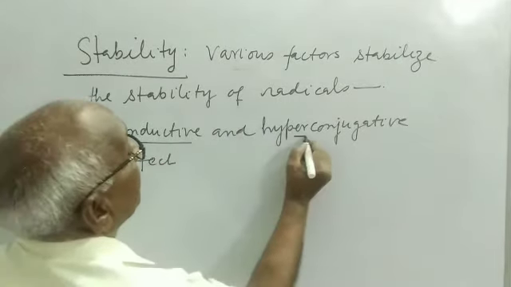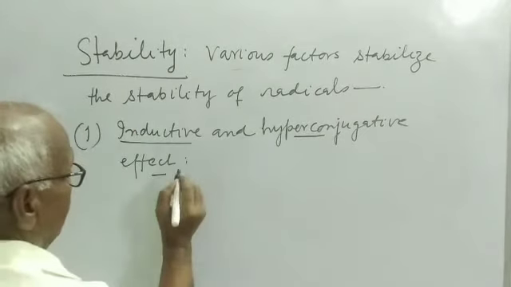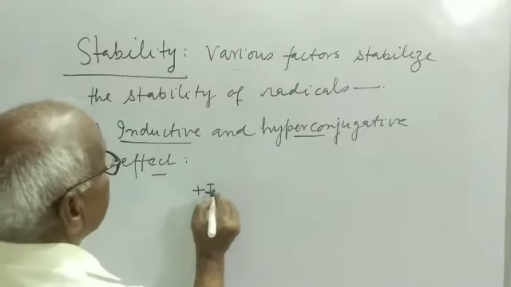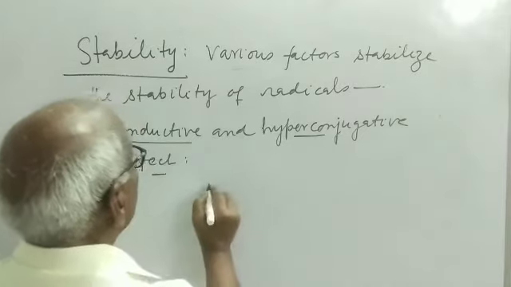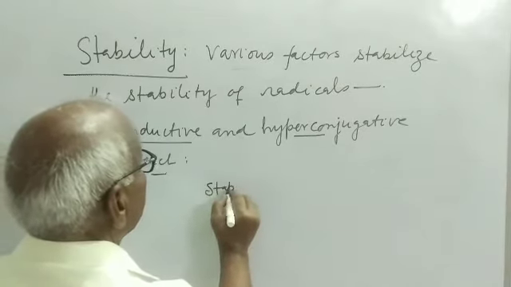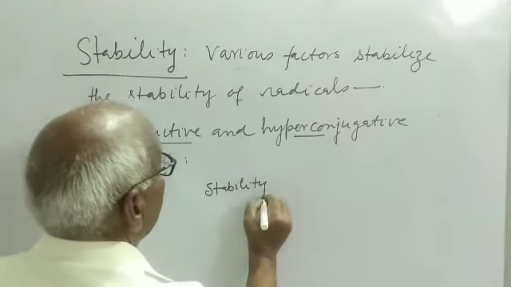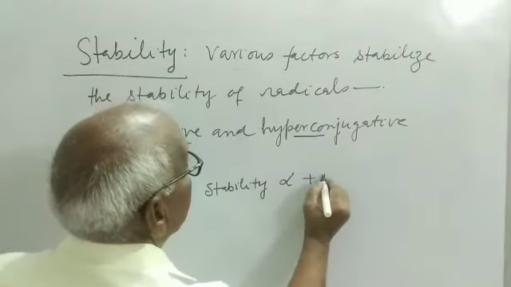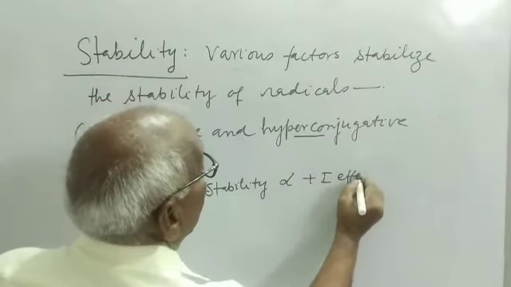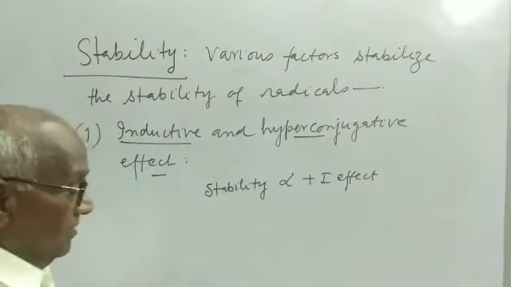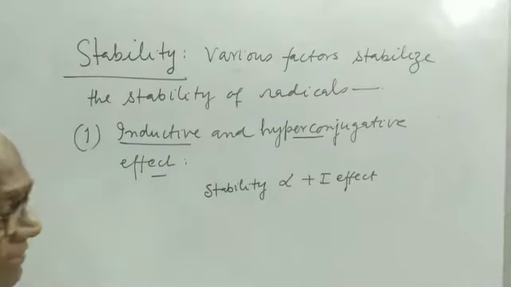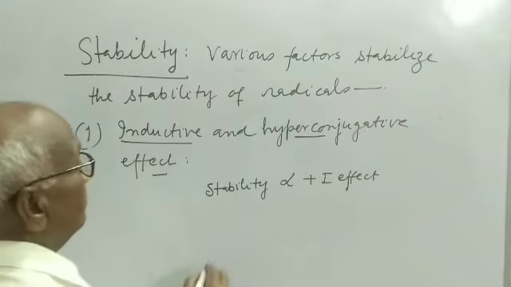Inductive and hyperconjugation effect. So stability is proportional to plus I effect. More is plus I effect, more is the stability of free radical, just like carbocation.